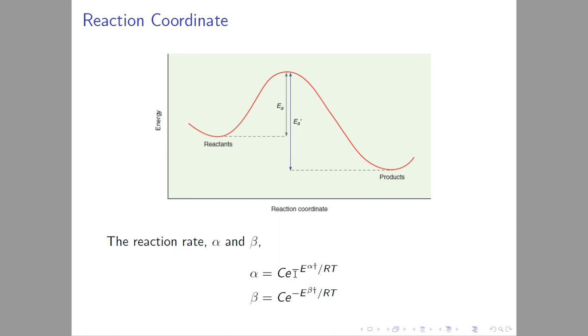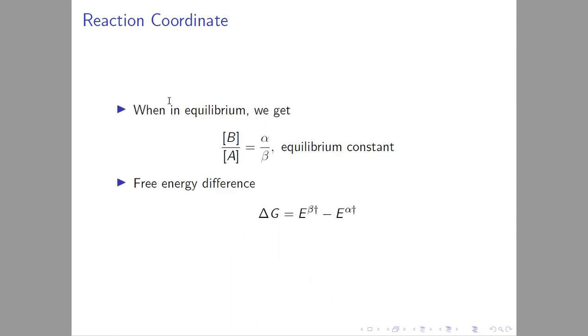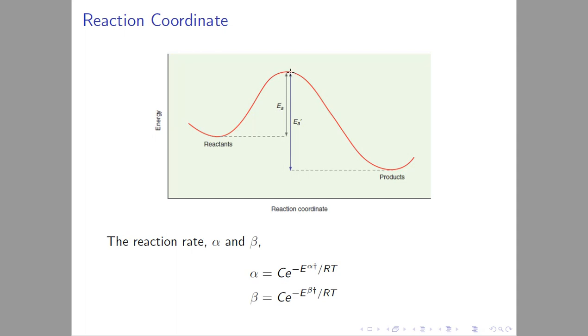Alpha is the rate constant from A to B, and beta is from B to A. At equilibrium, A becoming B and B becoming A is nearly the same, so the ratio of the concentration of B to the concentration of A equals alpha over beta, the equilibrium constant. The free energy difference delta G is E beta dagger minus E alpha dagger.